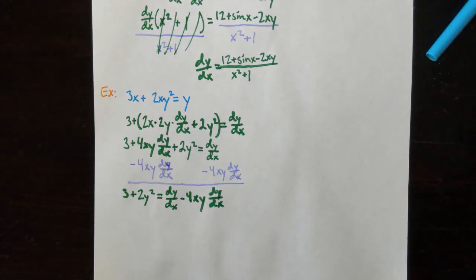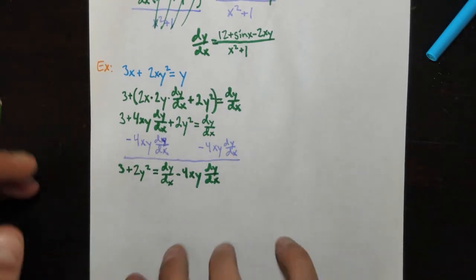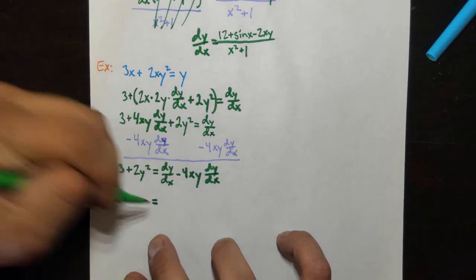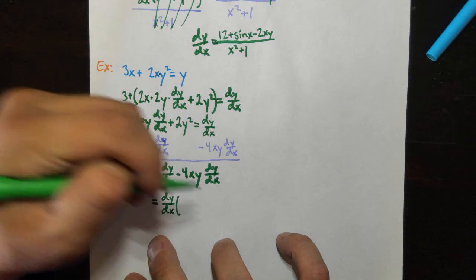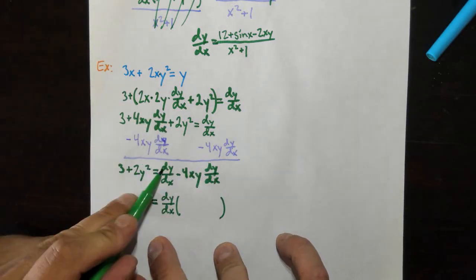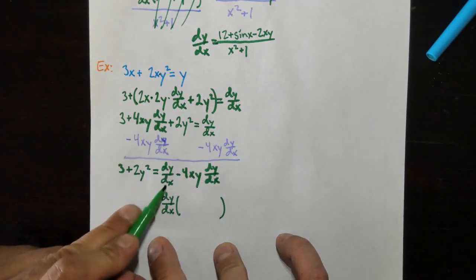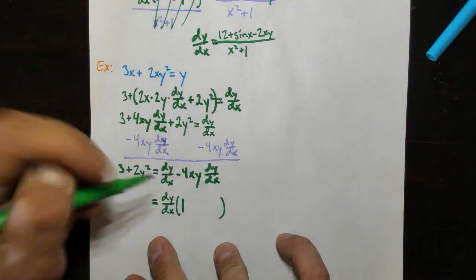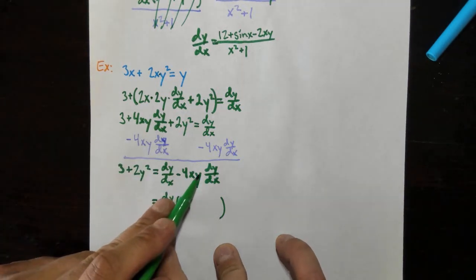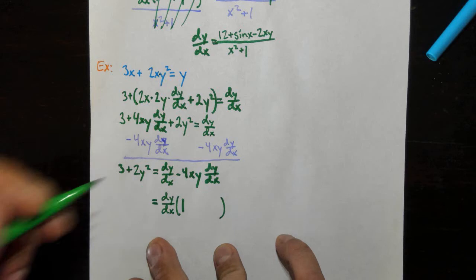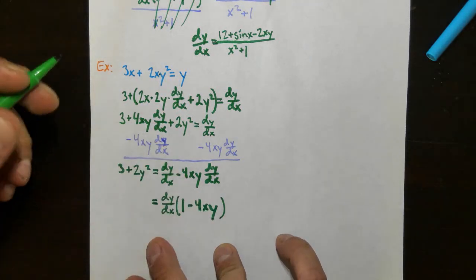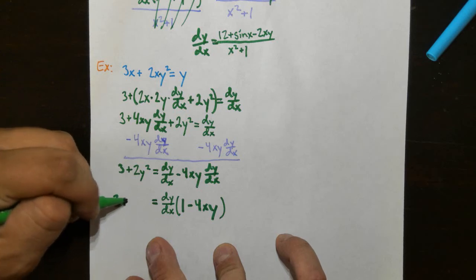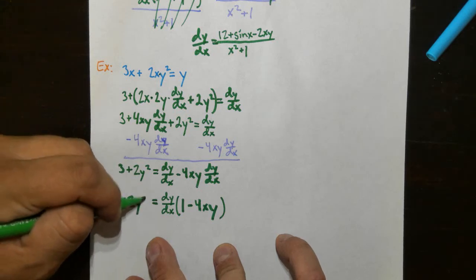So now on the right side, we can factor out that dy dx, which is going to give us dy dx times, and we're dividing it out, so dy dx divided by dy dx is just 1. Negative 4xy dy dx divided by dy dx is just negative 4xy. And we didn't do anything with the left side here, 3 plus 2y squared.